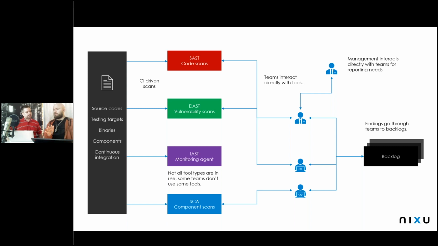This is not based on any facts, but when I say 90%, people just go, I can buy that, makes sense. I think the real number is actually higher. Yeah, I would say so. Actually, that is how we like it to be, because we don't want to write everything from scratch, just using what we already have. So starting with code scanning and component scanning is probably the best way to go.